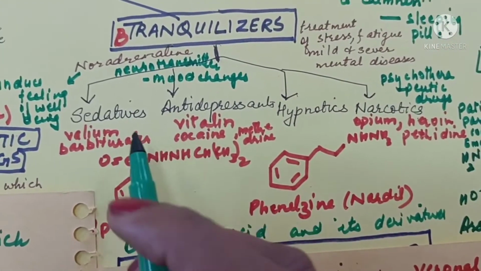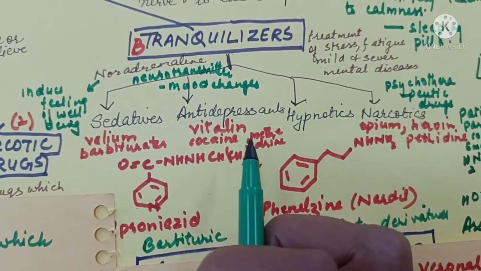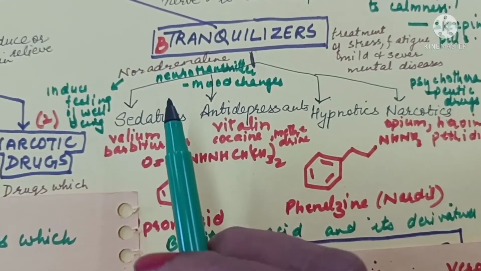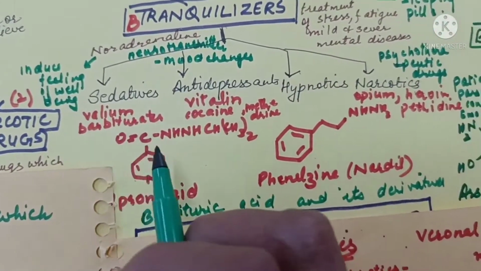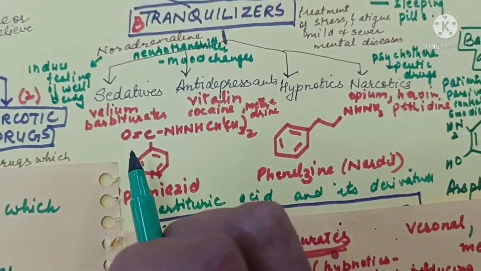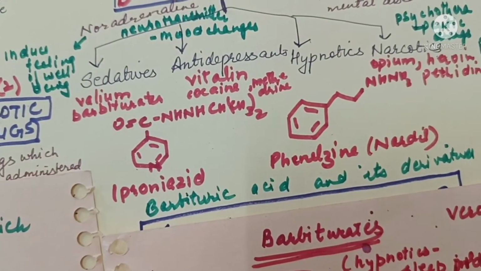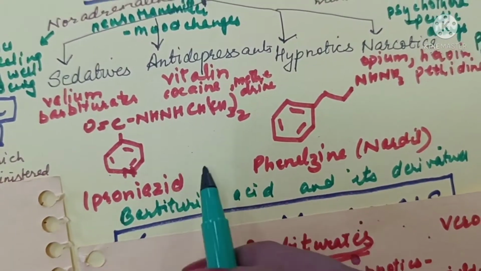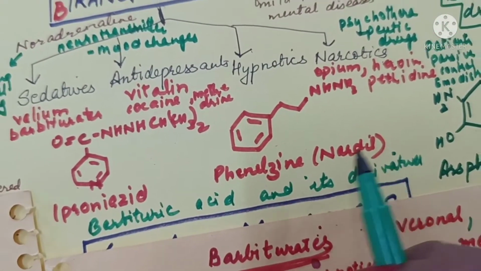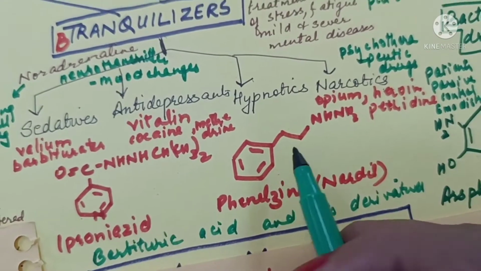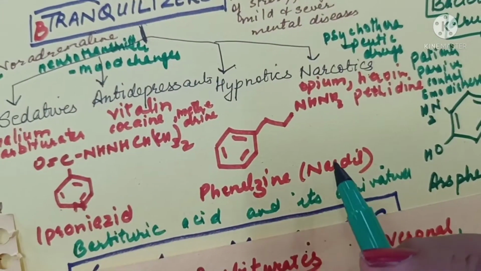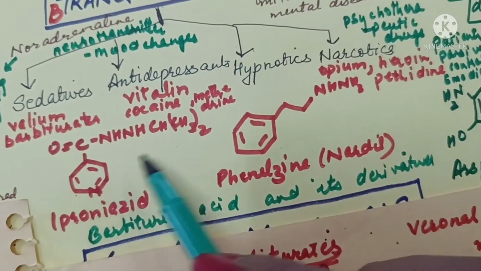Some antidepressant drugs will help to alleviate the mood. Example medicines which are used as antidepressants are iproniazid and phenelzine. Phenelzine is also known as Nardil. So these are the structures.